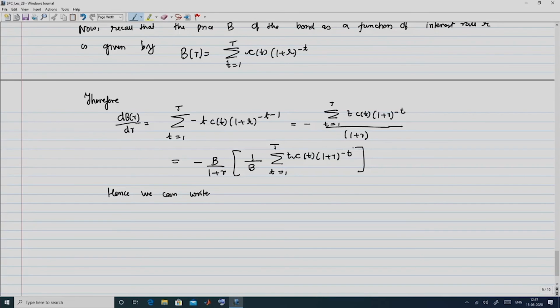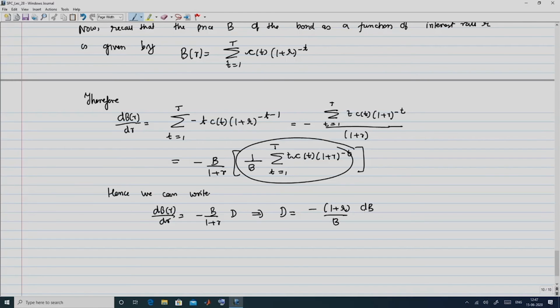What you observe here is that this quantity is going to be our duration. So, hence we can write that dB dR is going to be minus B into 1 plus R into D, which implies that D is going to be minus of (1 plus R) over B into dB over dR. This can be rewritten as minus of dB over B divided by d of (1 plus R) over (1 plus R).